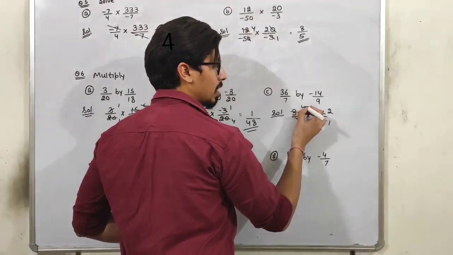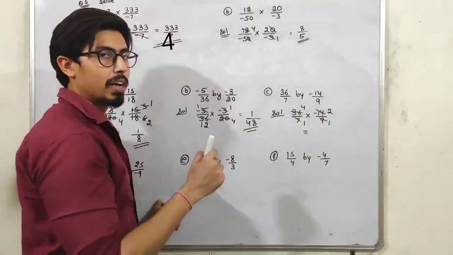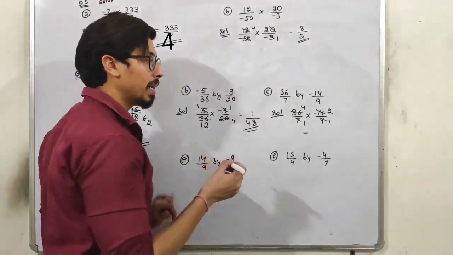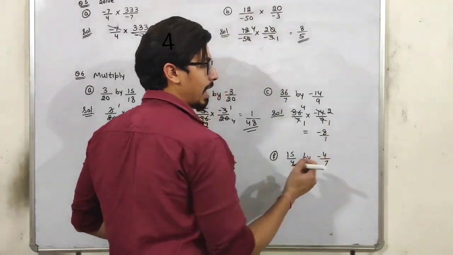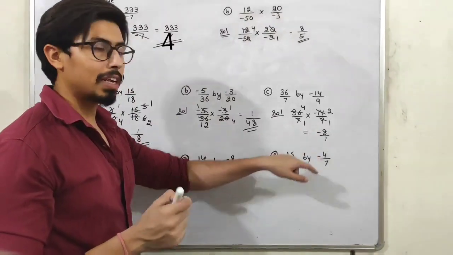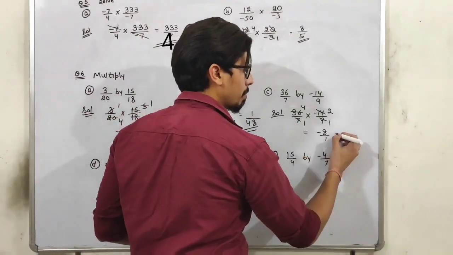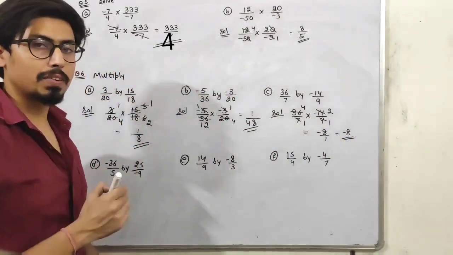We have minus 2 here and 4 here. When 4 is multiplied by minus 2, it will be minus 8. And 1 and 1 is 1, and 8 by 1 is 8. So minus 8 is our required answer.